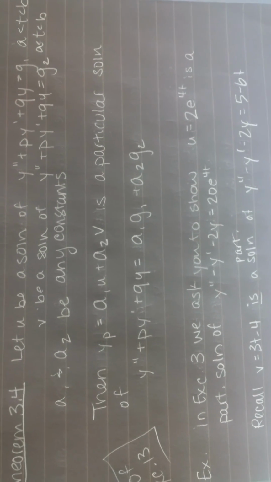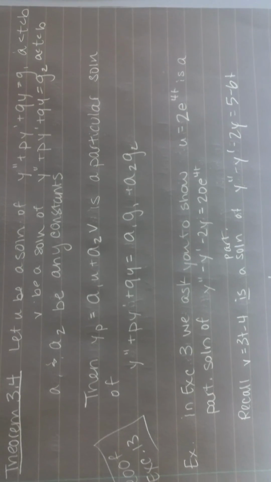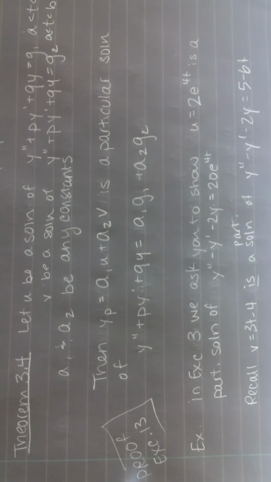That is a particular solution of the combined differential equation where a1 and a2 multiply by those g functions. The proof is in exercise 13, so if you'd like to do the proof, you're more than welcome to do it.